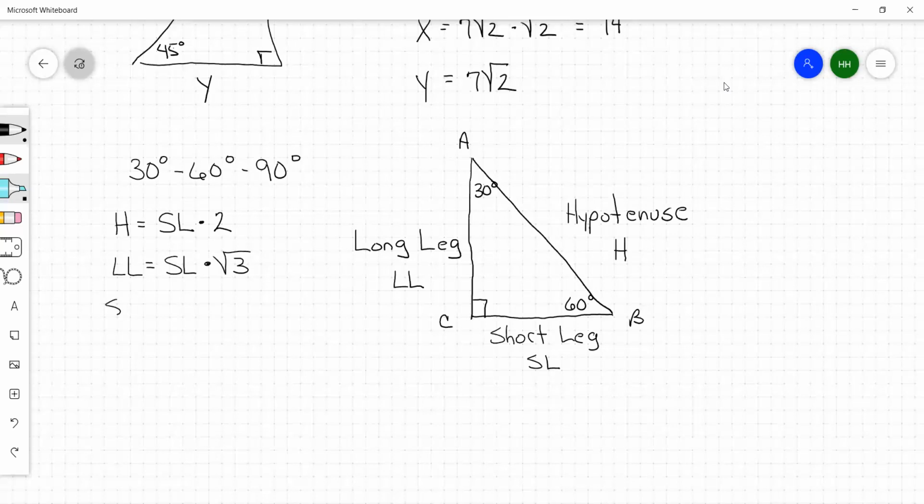The short leg is equal to the long leg divided by square root of 3, and you can also find the short leg by taking the hypotenuse and dividing it by 2. So with those 4 formulas, you can always find all the sides of a 30, 60, 90 right triangle.